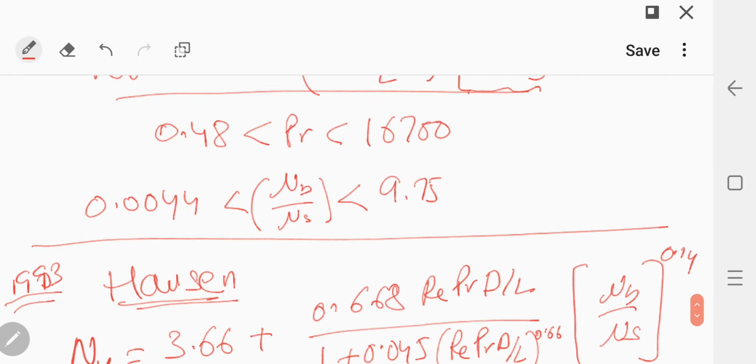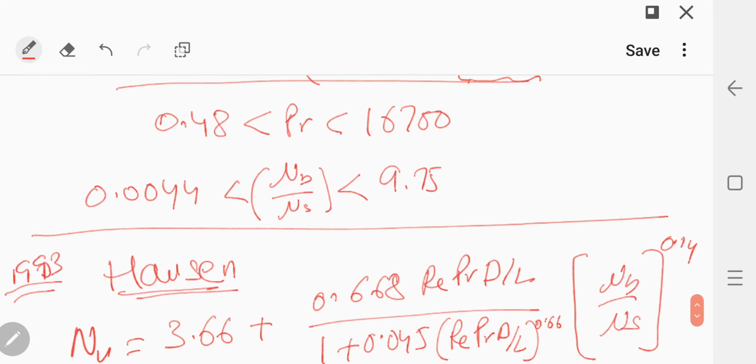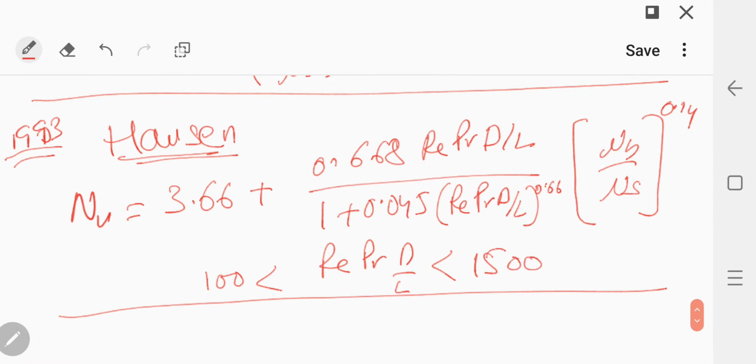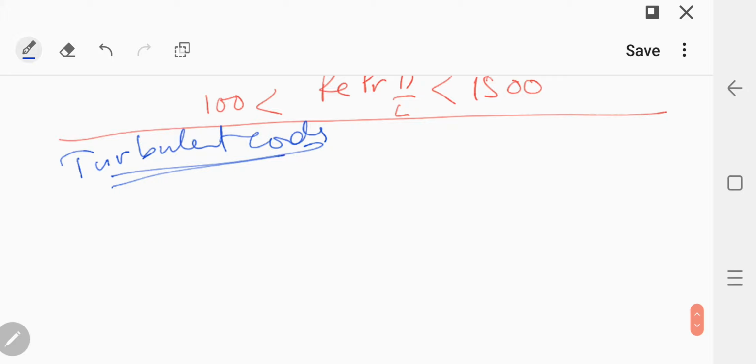Now all these three equations, that is the Graetz equation, Sieder-Tate and the Hausen equation, are for laminar flow conditions. Now if we consider turbulent conditions, what is the very commonly known correlation for prediction of Nusselt number for turbulent conditions, for constant wall temperature or constant heat flux conditions?